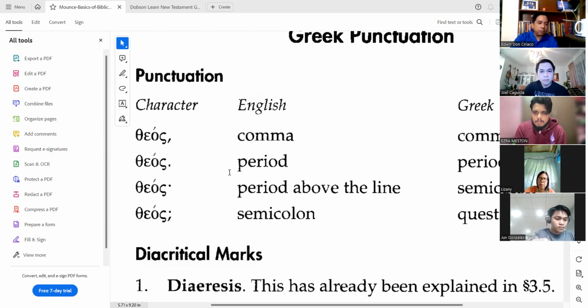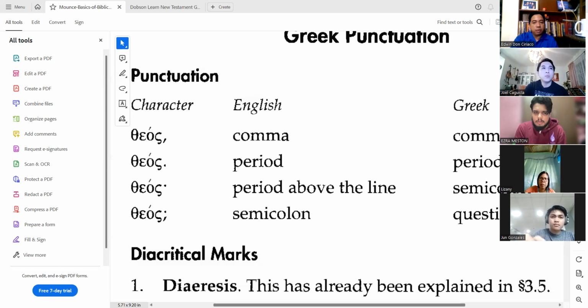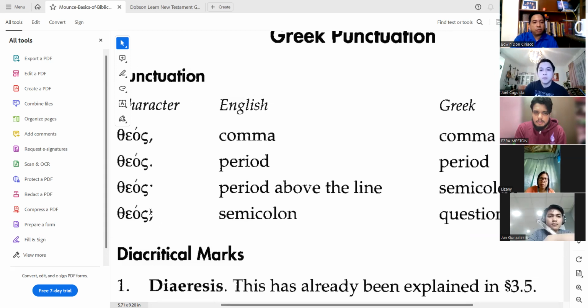And then this, what we call a semicolon, is actually a question mark. Okay, it is a question mark. So when we encounter this one, it is the question mark that we have in our English use.